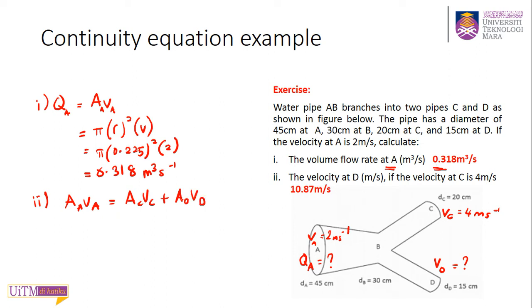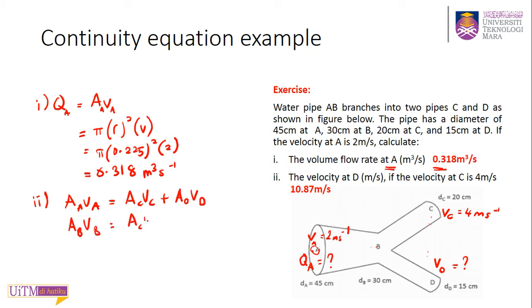Okay, that's good. So why? Because the volume flow rate at A equals the volume flow rate at B, and you can choose whether at A or B, this must be equal to the summation of C and D. You can choose A_A V_A, or some of you may choose A_B V_B. This is also correct.